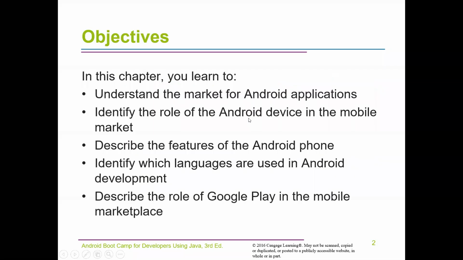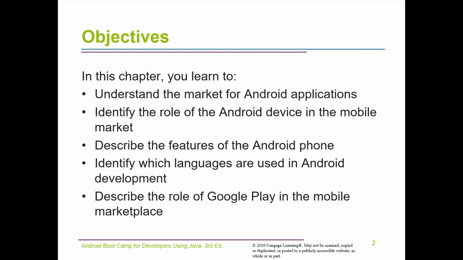Now we go through the objectives. In this chapter, you'll learn to first understand the market for Android applications. If you're going to deploy an application, you need to register first through Google as a developer. We'll discuss those as we go through.